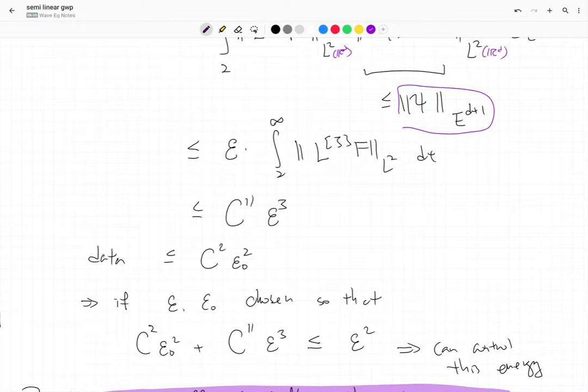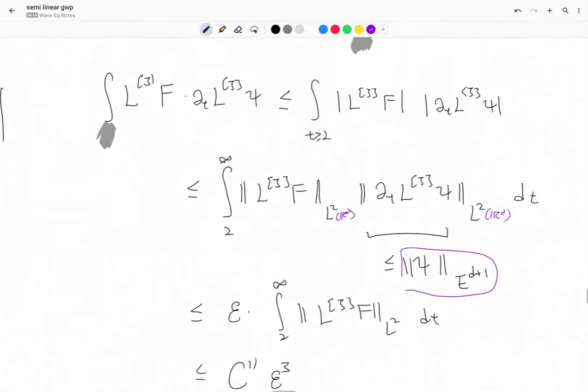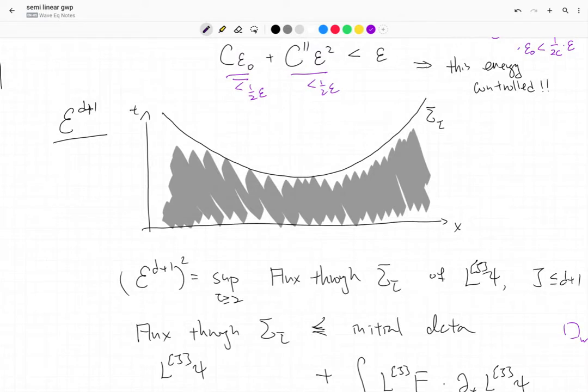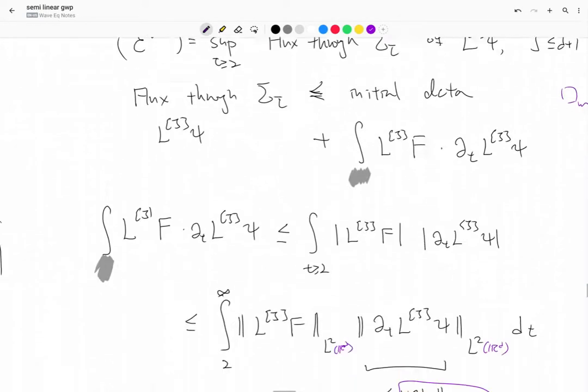You can argue this in exactly the same way by choosing epsilon sufficiently small first, and then choosing epsilon naught even smaller, and this tells you that this is bounded by epsilon squared. And if the energy flux is less than epsilon squared, then the energy is less than epsilon.